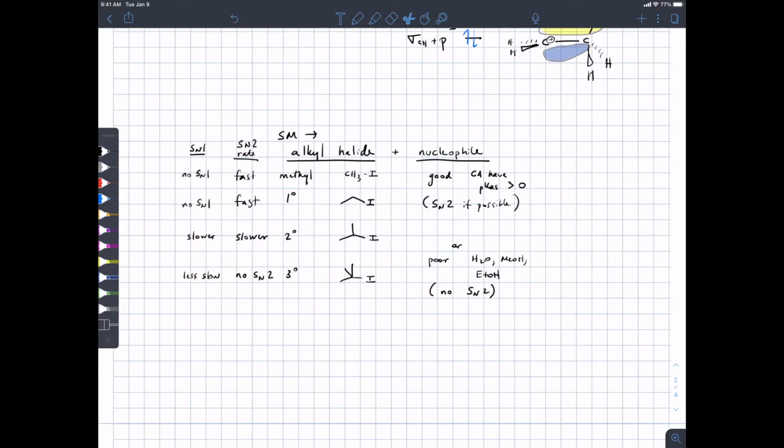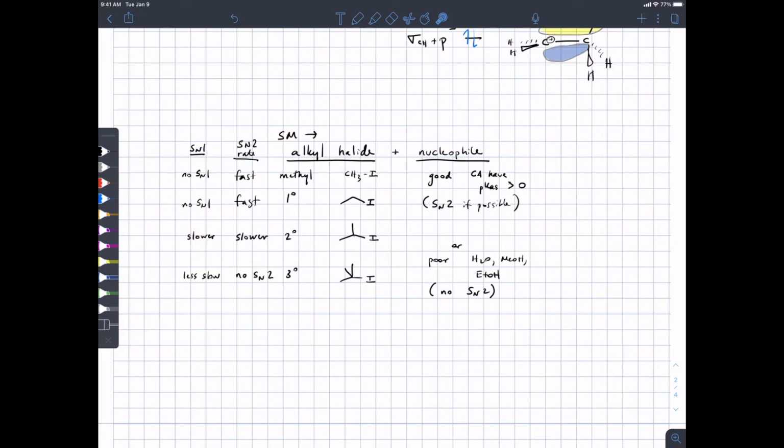They will wait for SN1 if they have to, that is, if you're using a tertiary alkyl halide. Weak nucleophiles don't do SN2. They're not reactive enough. And then the ability to do SN2 versus SN1 also depends on alkyl halide structure, where SN2 is fastest for primary and slowest or not observed for tertiary, and SN1 is just the exact opposite. So with those principles in place, you can predict what's going to happen.